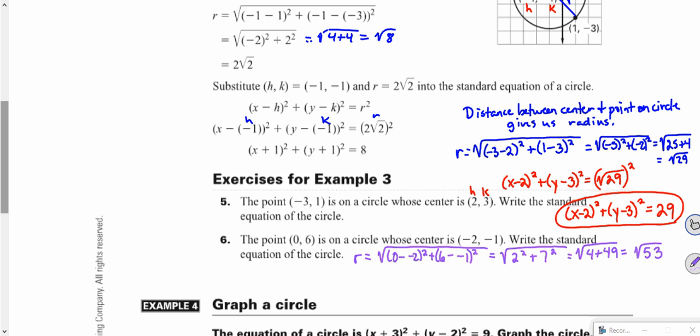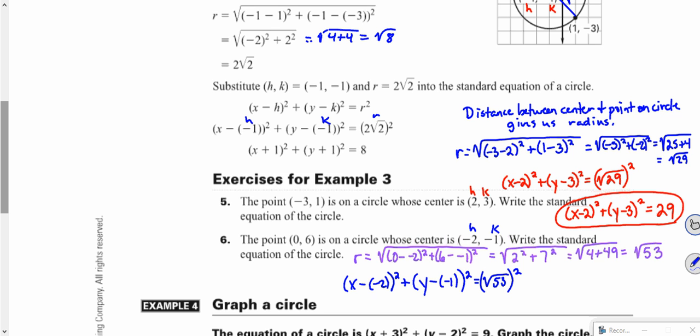Now again, if I go to write it in equation form, remember this is my h and this is my k. So I have (x minus -2) squared plus (y minus -1) squared equals the square root of 53 squared.